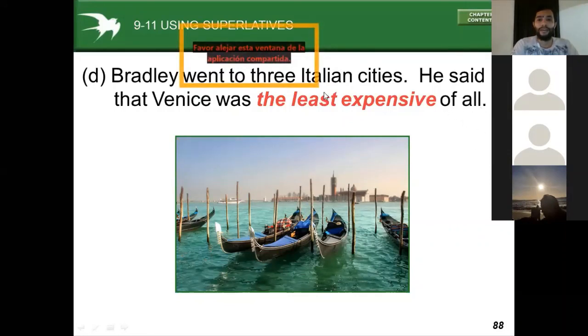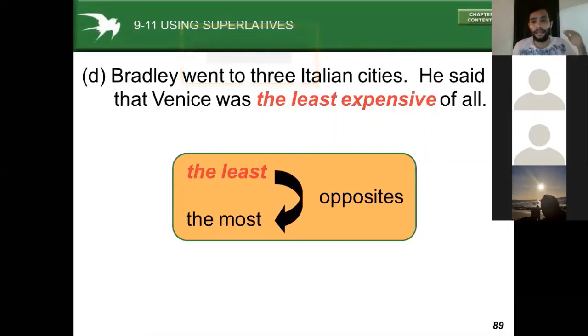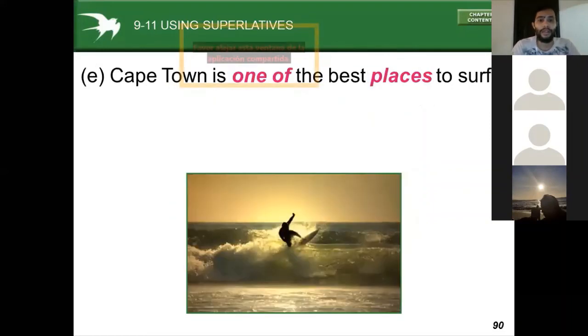It's referring to all the cities in Italy, right? Not only the 3 cities that he went to, all the cities in Italy, right? So this is it. Least and most are just the opposite. The most is el más, and the least is el menos. So both, you can use it like this.